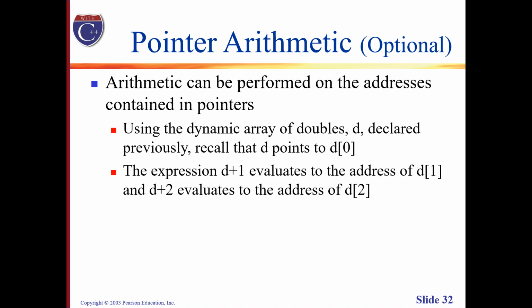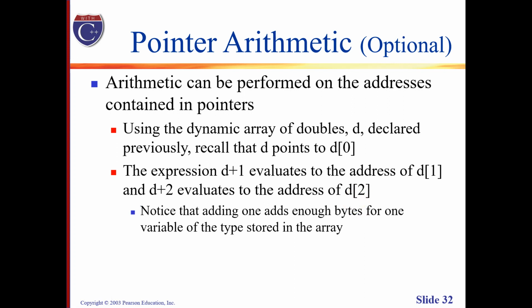In this case, the expression D plus 1 evaluates to the address of D1, and of course, doing this arithmetic operation will also result in pointing to whatever value is contained in the following index at D2.